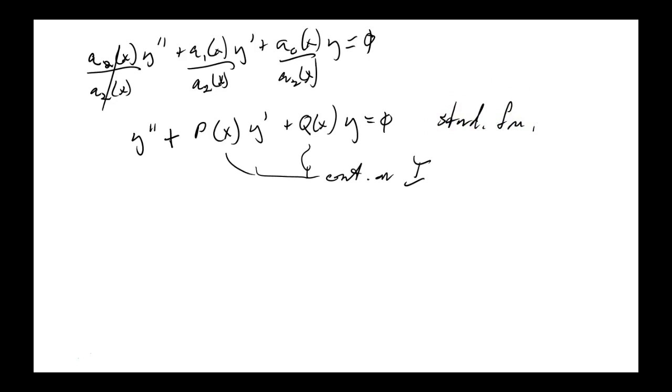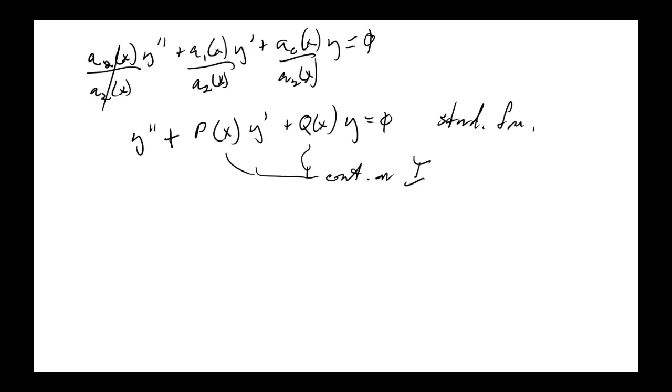And they're claiming here p and q are continuous on some interval I. Now, you have to be careful of that because you just divided by a2 of x. Certainly a2 of x can't be 0. We already had that given, so I guess everything's okay. So yeah, those are continuous on some interval I.